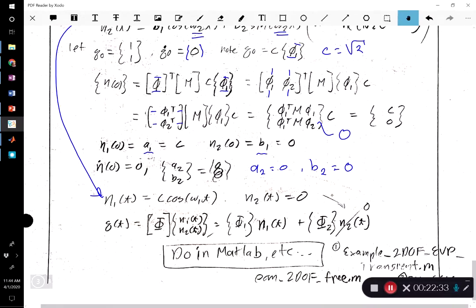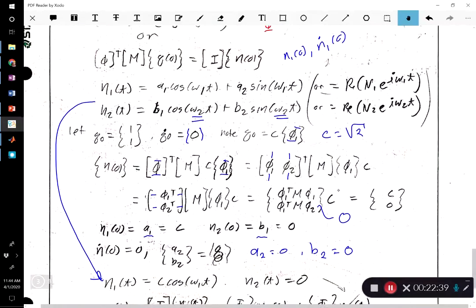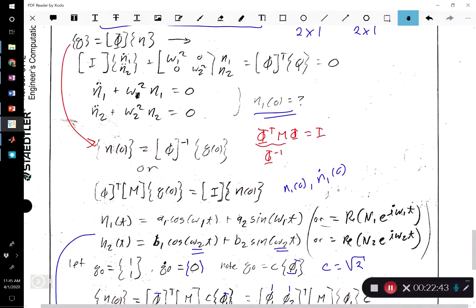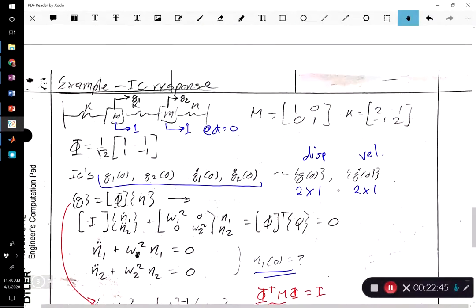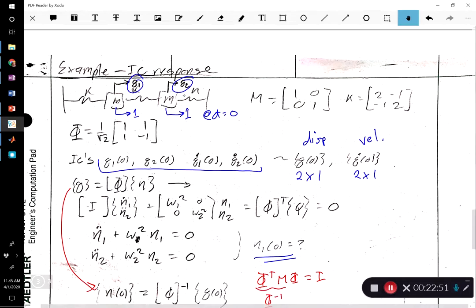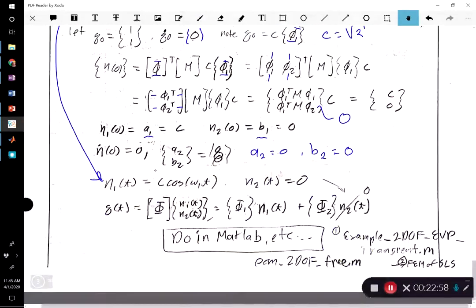So we could say we're done now, right? But we're actually not totally done, because we found the modal coordinates as a function of time. But as we set out, what we really probably wanted was to know what Q1 and Q2 were going to do as a function of time, or what the two masses were going to do. So we have to use this equation to bring us back to physical coordinates.